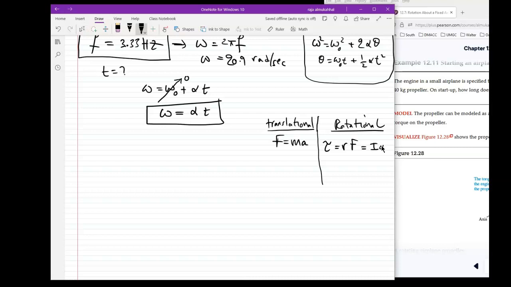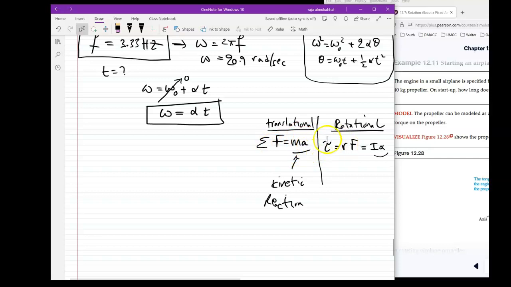So we have F equals ma, and tau equals Rf, or tau equals I alpha for the kinetic. So this is kinetic reaction. Remember, kinetic reaction means what? Forces F, some of the forces on a body that will, as a result of that, move with some acceleration.